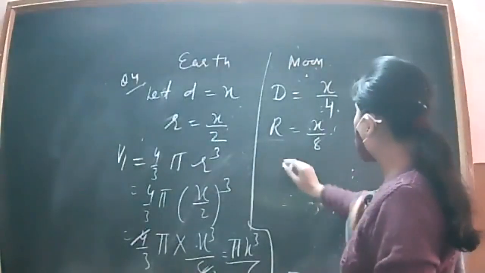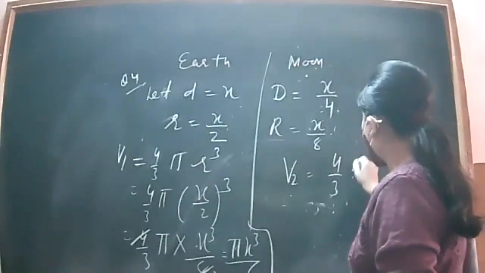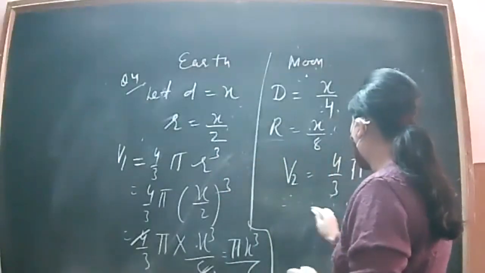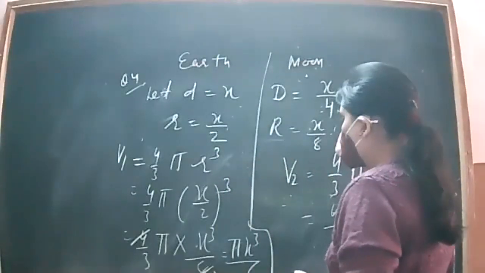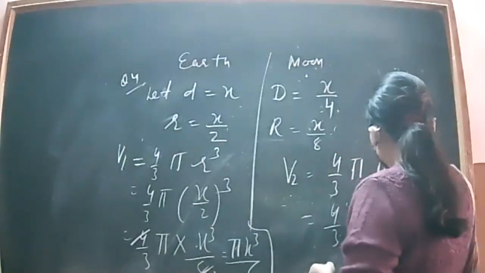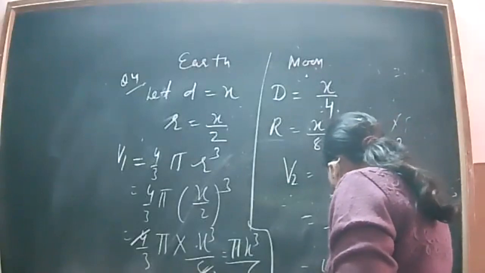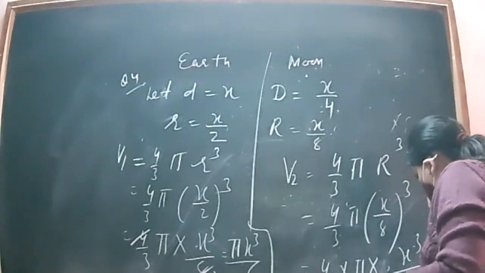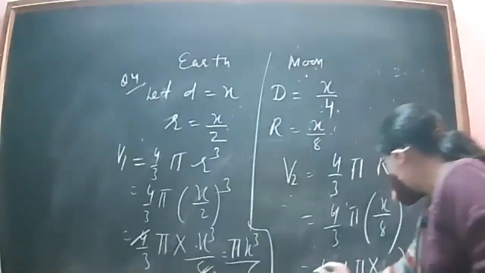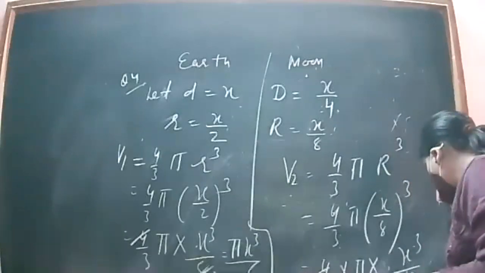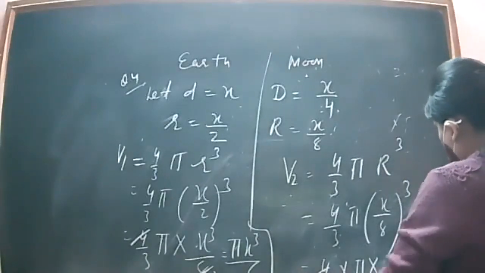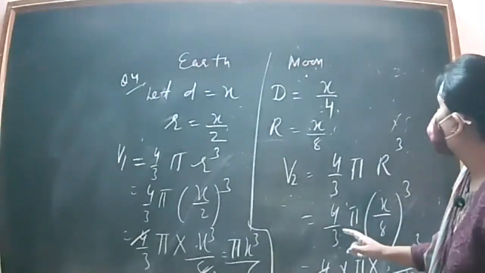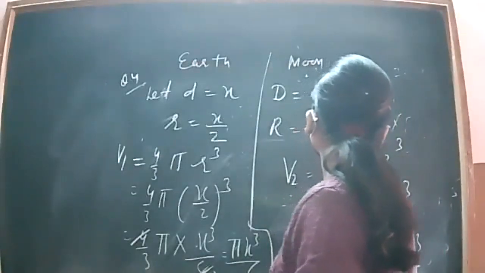So for the moon, let us take it to be V2, 4/3 pi capital R cube. This is 4/3 pi x/8 cube, 4/3 into pi x cube over 512, 8 cube. So this gets cancelled. One minute, 4/3 pi r cube.